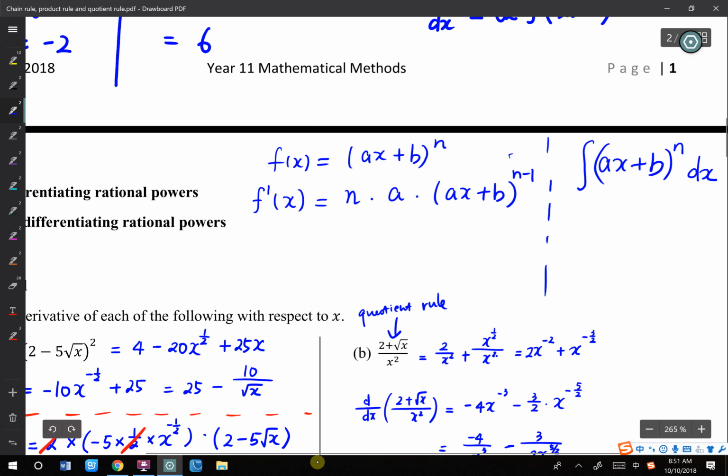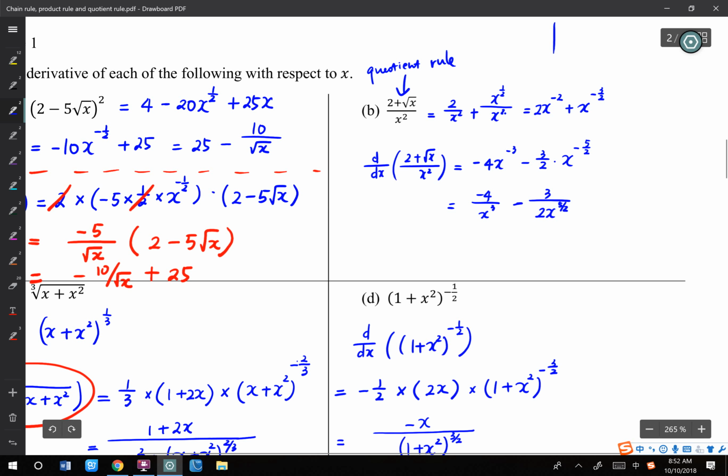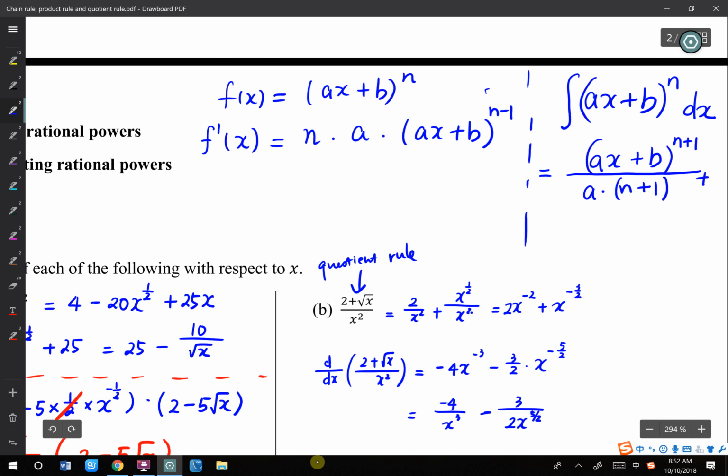Plus 1 first, because the power needs to go back to the original power. What's the next step? Divide by n plus 1. What else should I divide? We times a originally, so we should divide by a. And then plus c, don't forget the plus c.